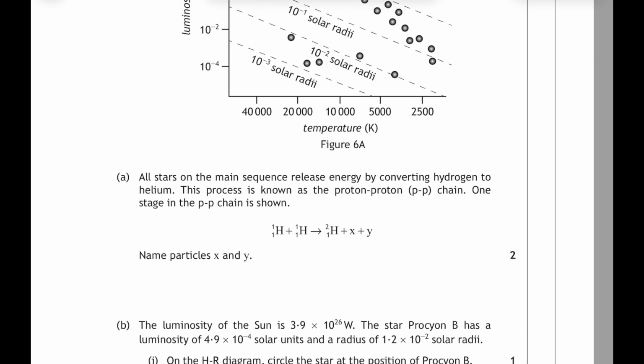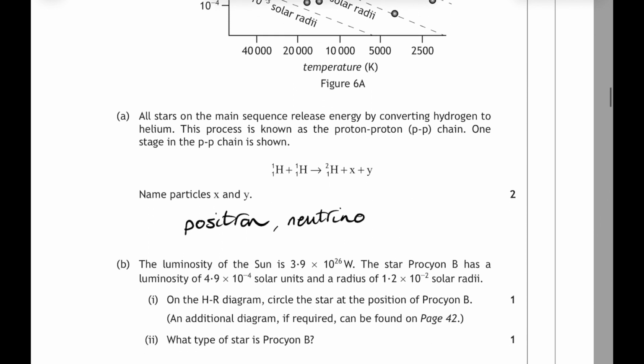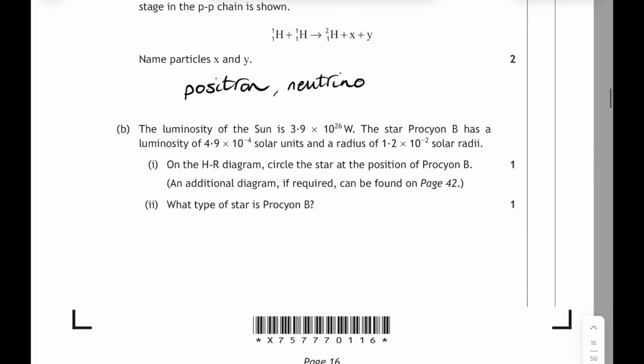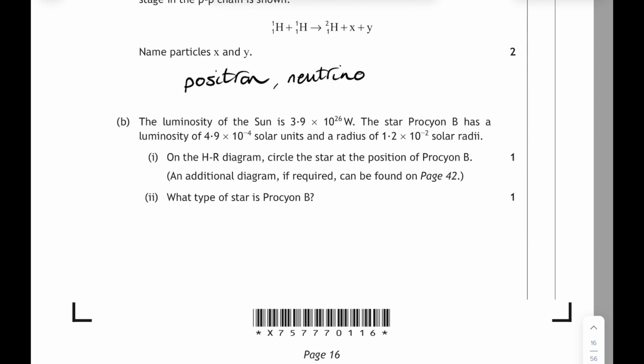So one of those protons must have turned into a neutron. And to do that, it has to give out a positron. And also, to balance the momentum and the mass, it also gives out a neutrino as well. So particles X and Y, positron and neutrino, either way around.